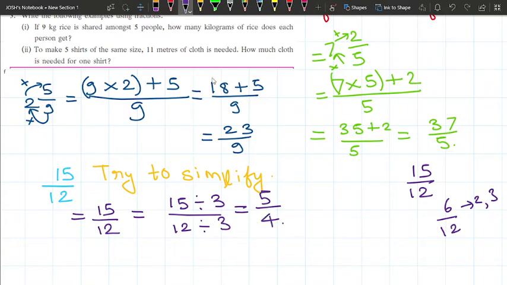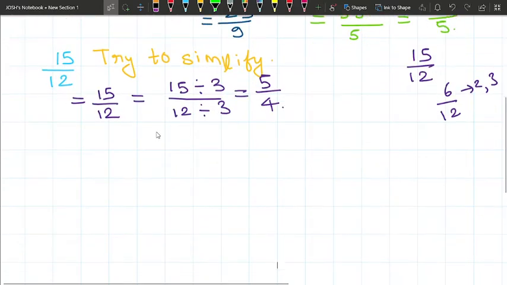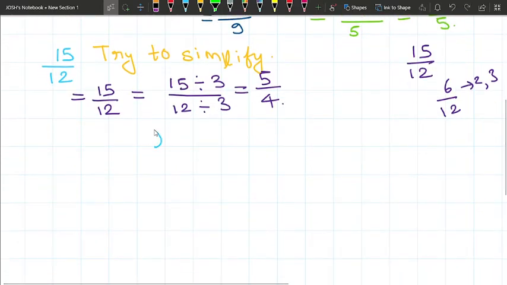Now we will execute the steps to convert. So the steps are, first you have to divide the fraction. Sorry, it is 5 divided by 4.